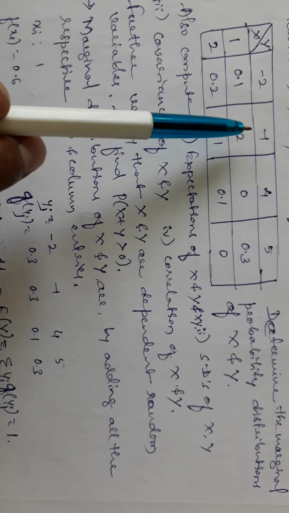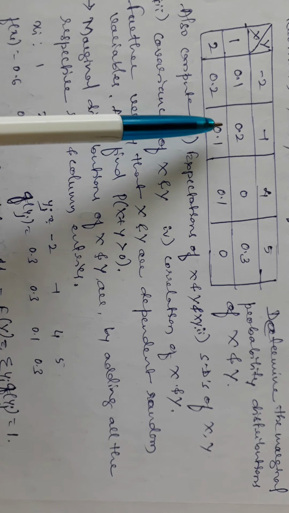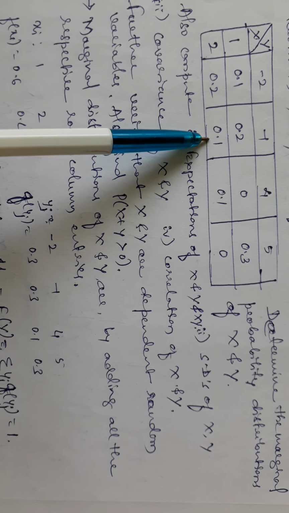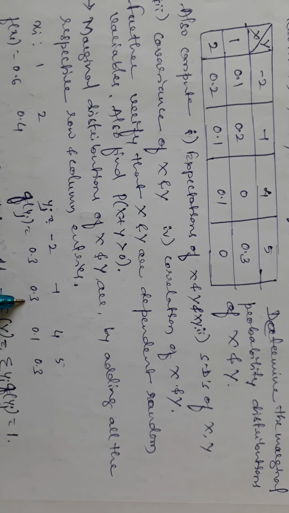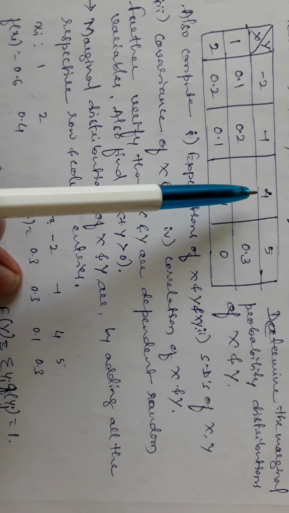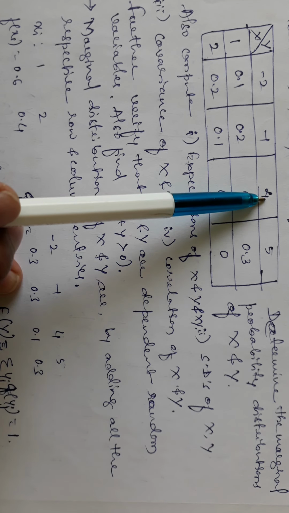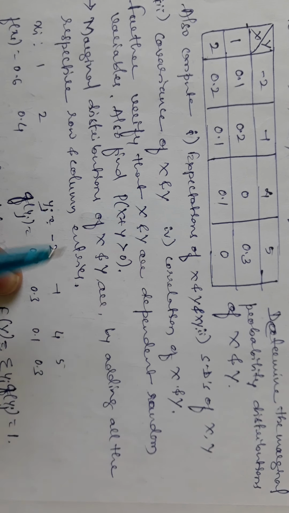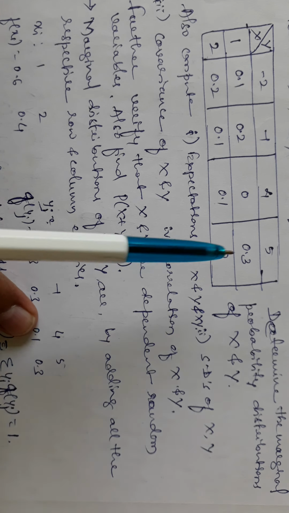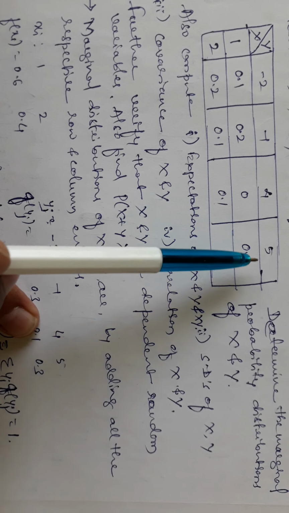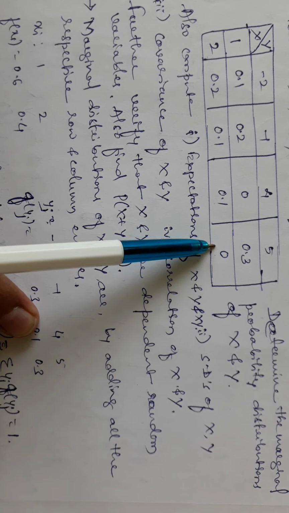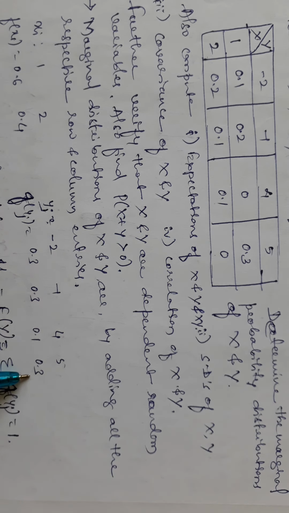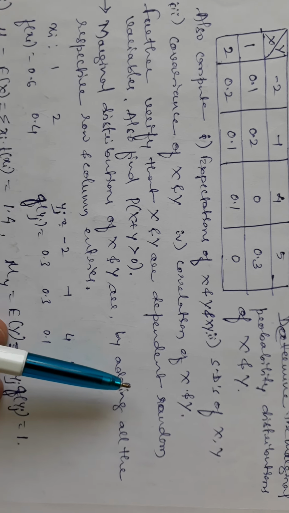The second column, y is -1: 0.2 plus 0.1 is 0.3. The third column, y equal to 4: 0 plus 0.1 is 0.1. The fourth column, y is 5: 0.3 plus 0 is 0.3. This is the marginal distribution of x and y.